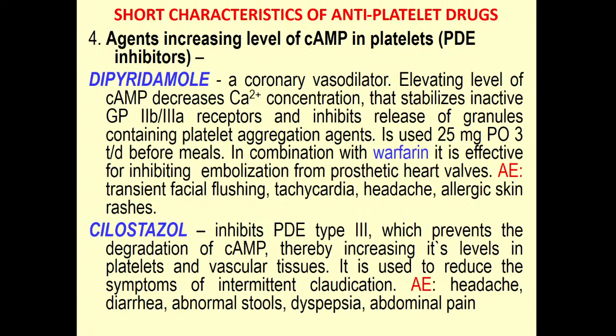In combination with warfarin, dipyridamole is effective for inhibition of embolization from prosthetic heart valves.